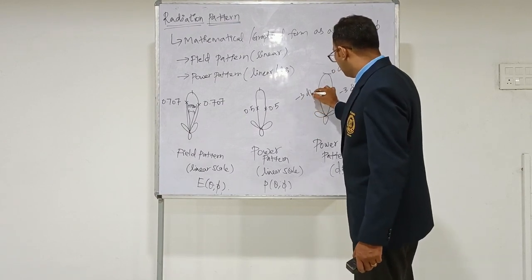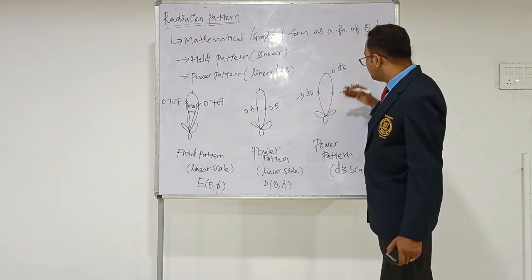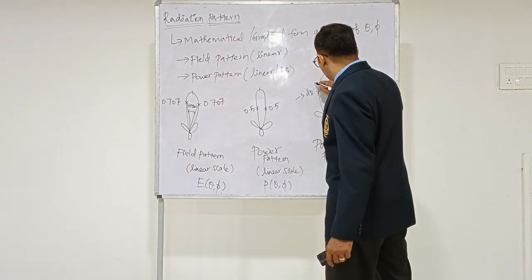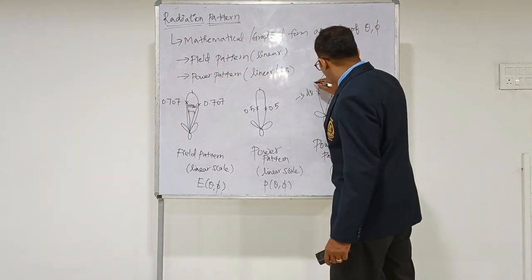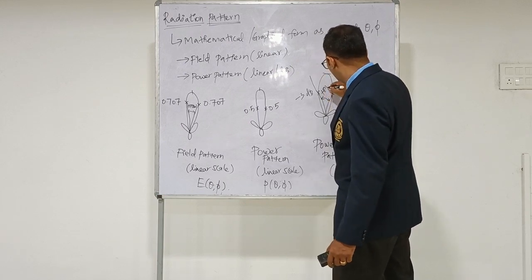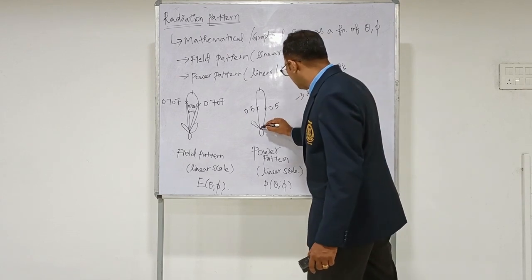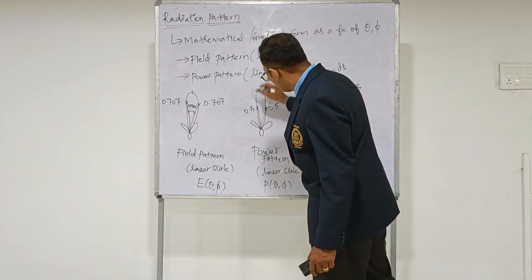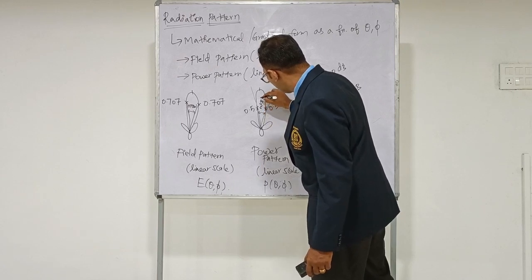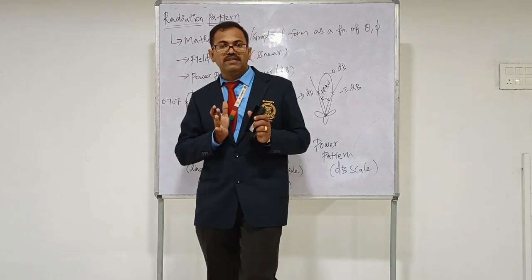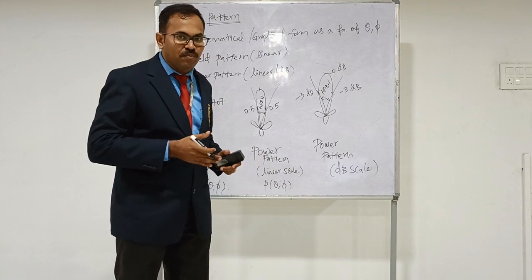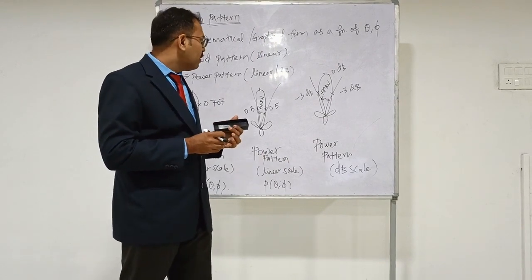We have to look at 3 dB lesser than the maximum value. These are the half power points, and the angle enclosed between these 2 points you can simply call half power beam width, HPBW. It is the angle enclosed between the directions in which your antenna is radiating half of the maximum power. That is half power beam width.